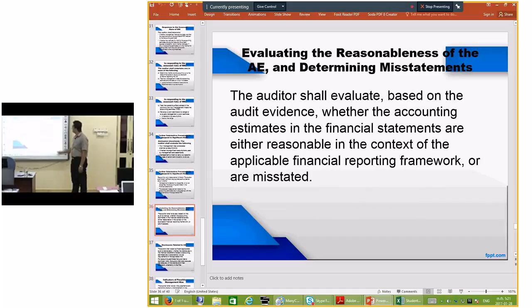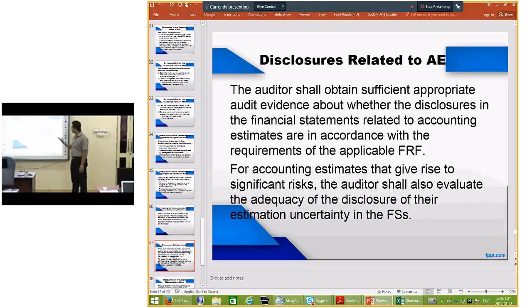The auditor shall evaluate, based on the audit evidence, whether the accounting estimates in the financial statements are either reasonable in the context of the applicable financial reporting framework or misstated. So everything we have discussed, right? Finally, you should make sure of the disclosures as per the financial reporting framework, whether the management has made proper disclosures in the financial statements in the case of accounting estimates, including fair value, right?